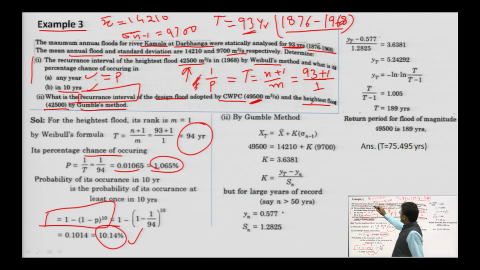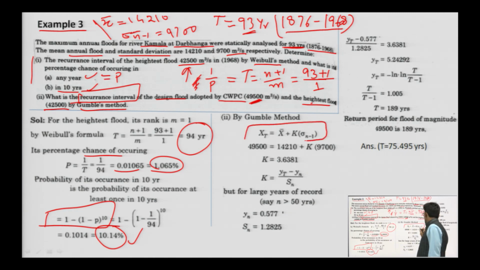At the start, these two data, x mean and standard deviation, are given to you. It means in that formula, these are known to us, and only K is not known, and K is time dependent.